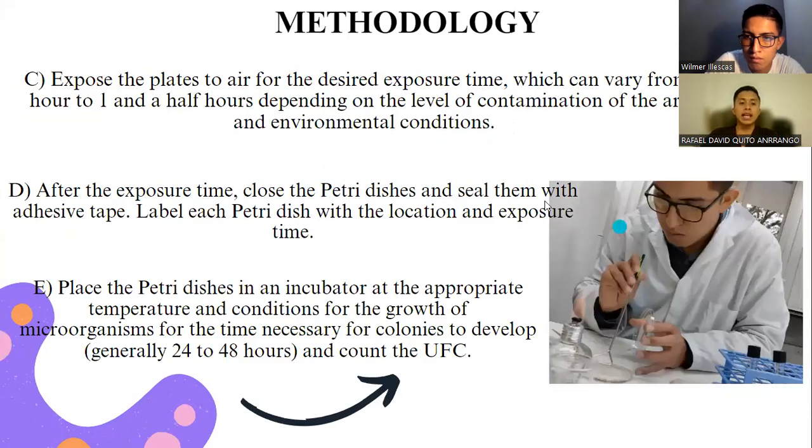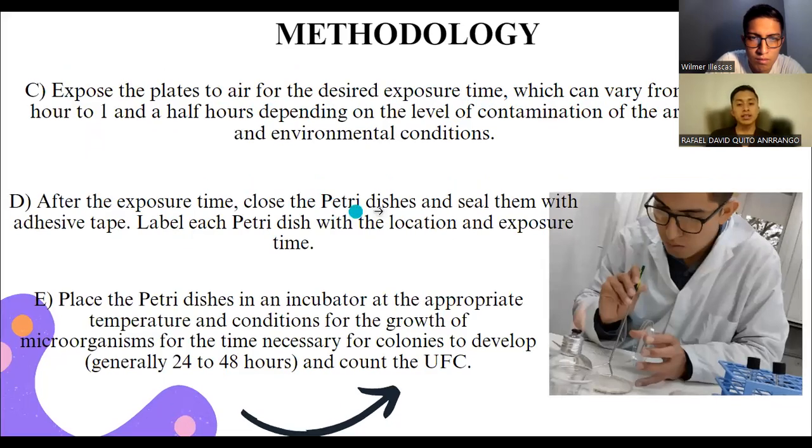Letter C, expose the plates to air for the desired exposure time, which can vary from 1 hour to 1.5 hours, depending on the level of contamination of the area and environmental conditions. Letter D, after the exposure time, close the Petri dishes and seal them with adhesive tape.